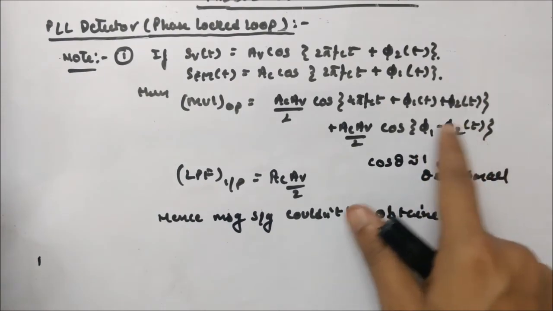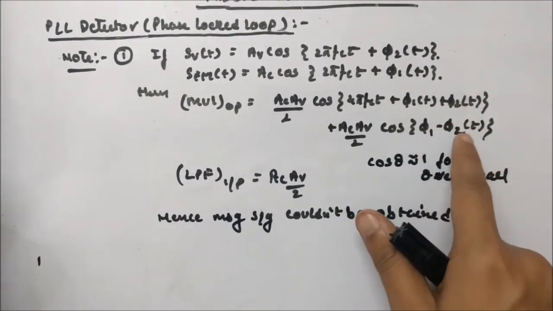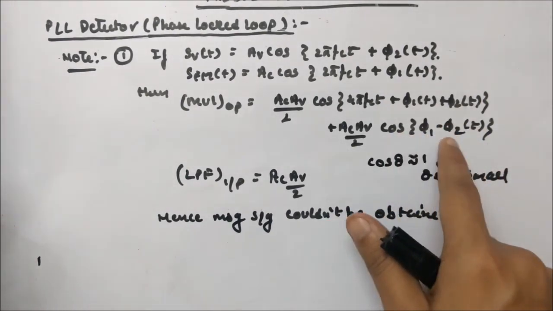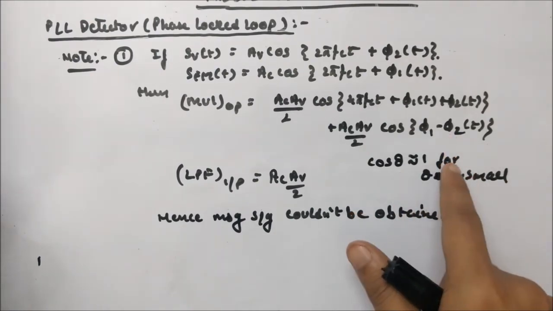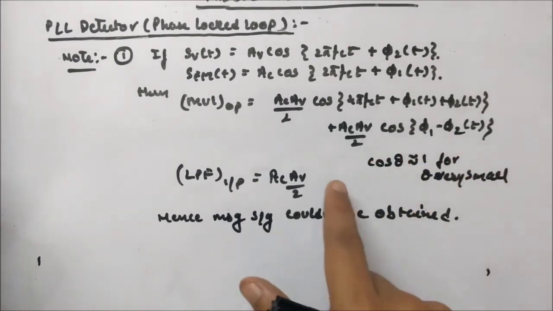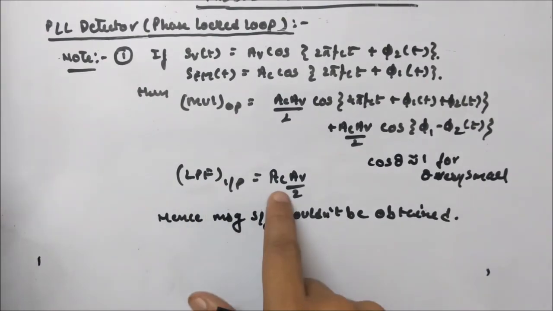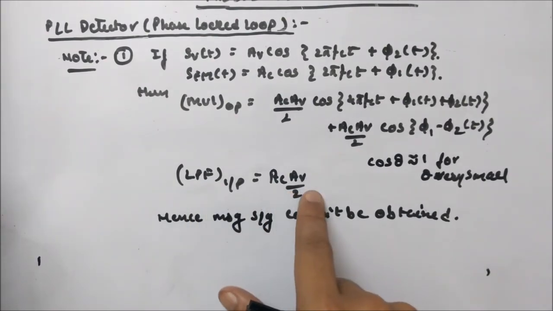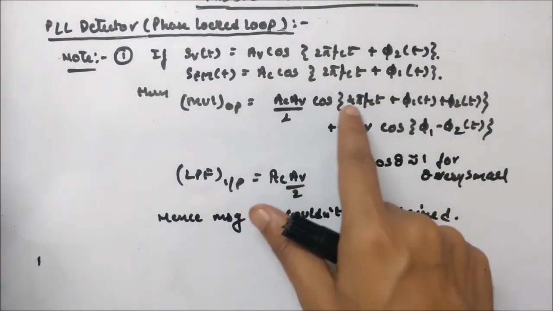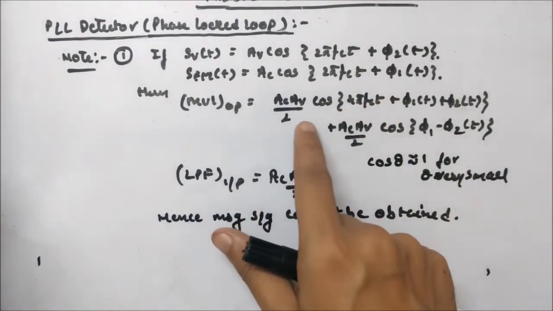Now in this case, if this difference is very small, the cosine of a very small angle will come out to be 1, and your low pass filter input will be AC AV divided by 2, because the high frequency term will anyway not pass the low pass filter.